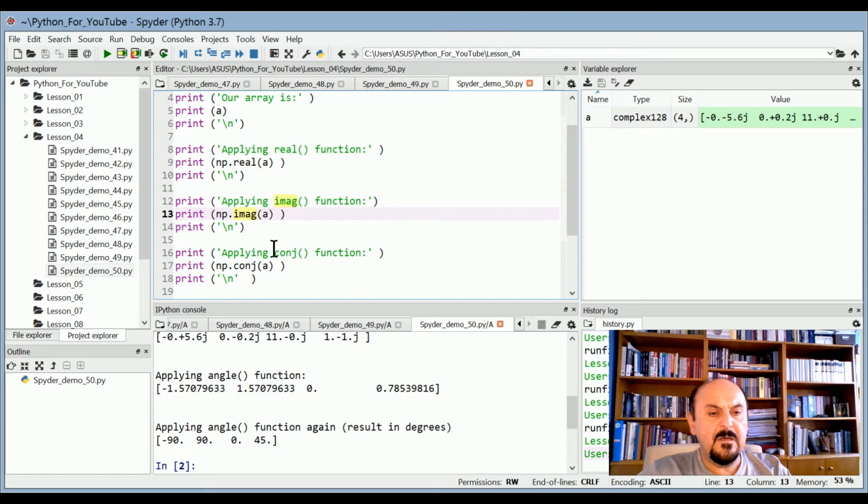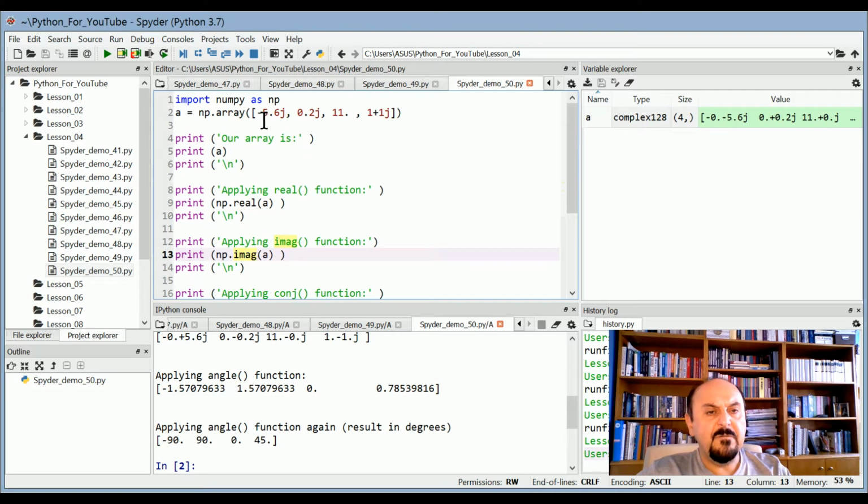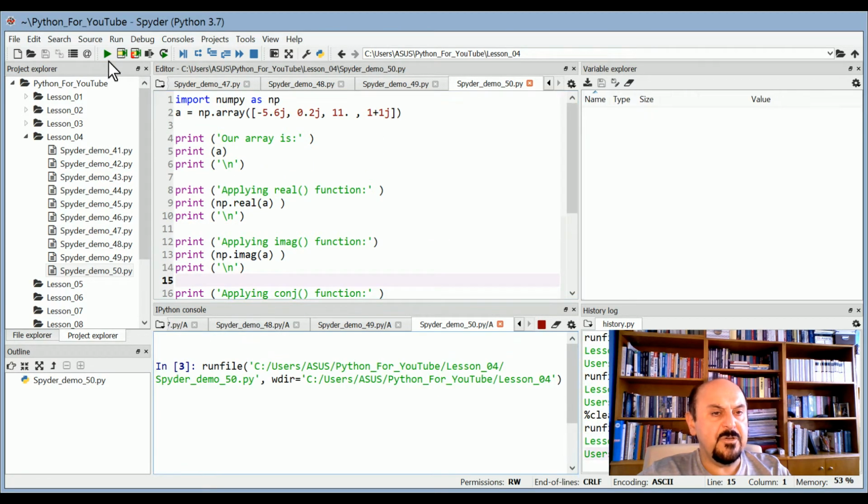After that I can show you the conjugate of a complex number. For example, for this one, 1 + 1j, the conjugate is 1 - 1j, and let me show you the calculation after that.